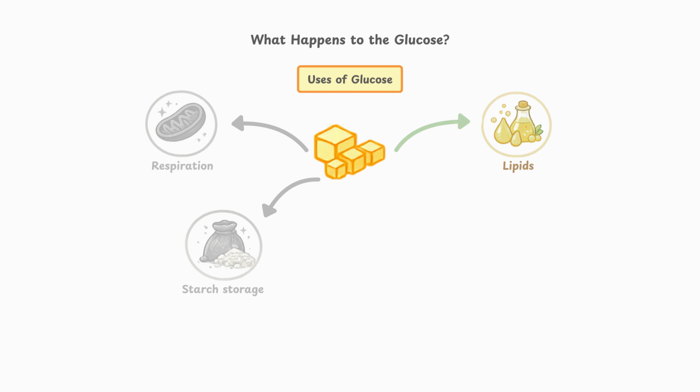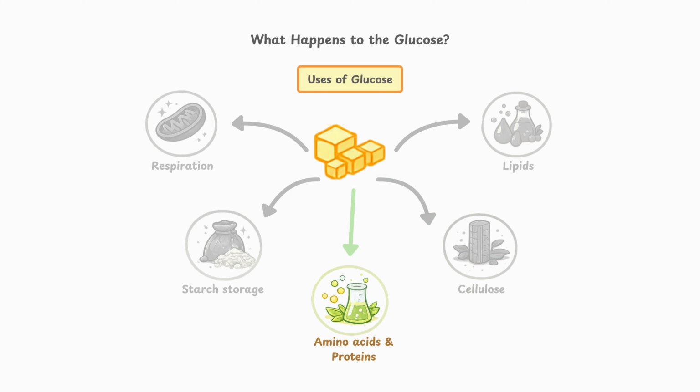Plants use glucose to make cellulose, the substance that strengthens cell walls and helps support the plant's structure. In addition, glucose combines with nitrate ions and other minerals absorbed by the roots to produce amino acids. These amino acids are then joined together to make proteins, which are essential for growth and development. As you can see, glucose is not only an energy source, but also a vital building material that helps plants grow, store energy, and stay healthy.